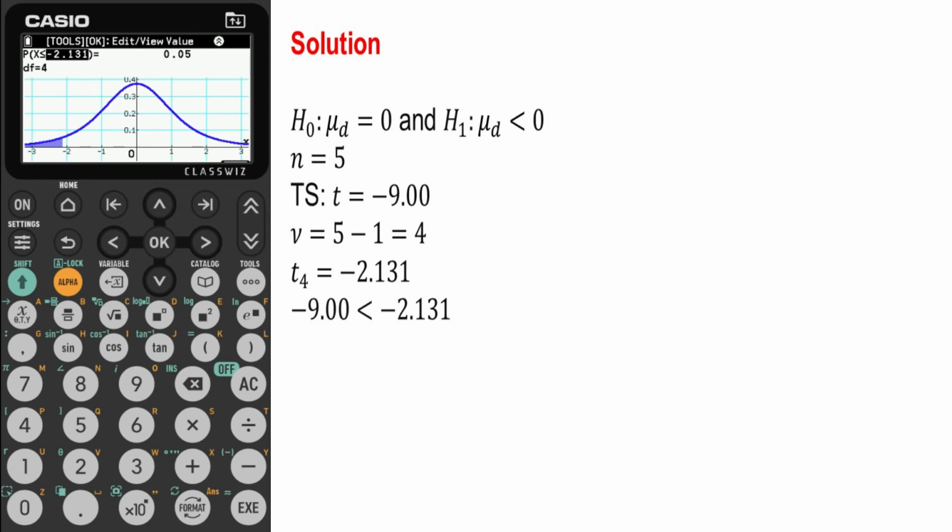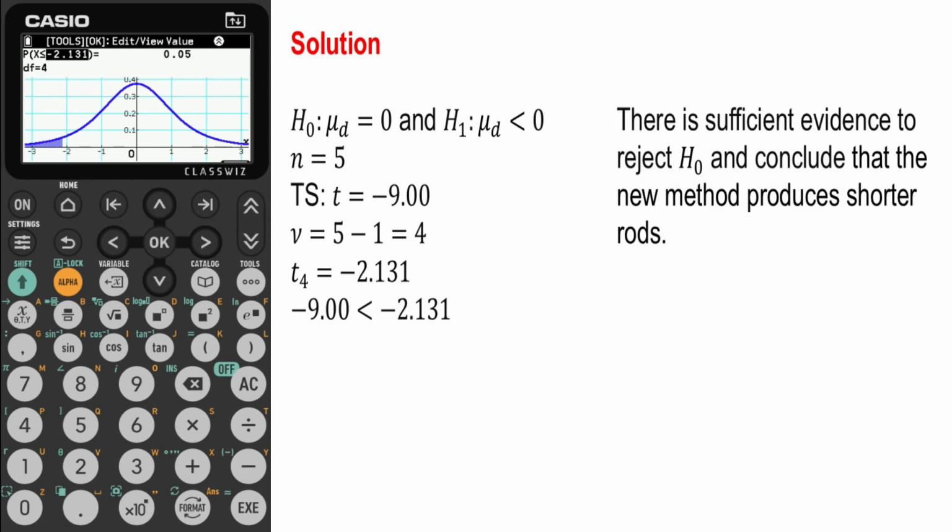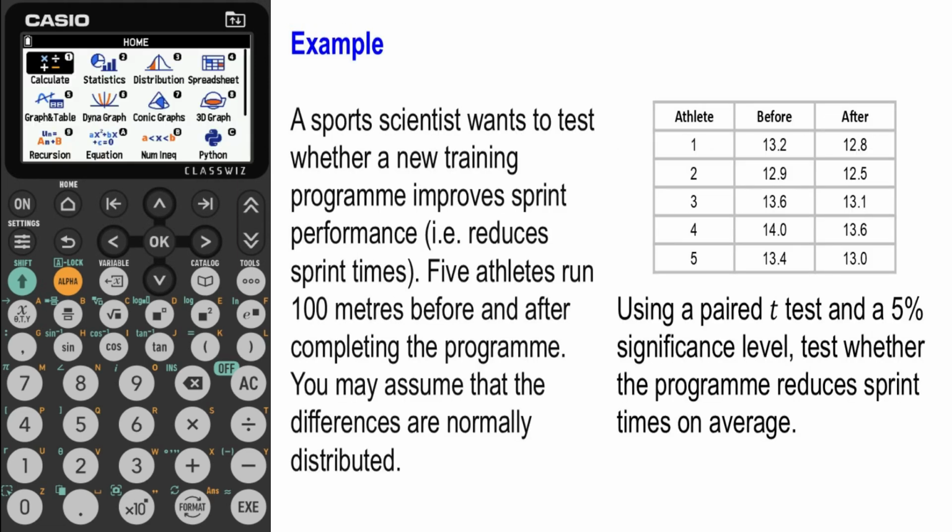If we now compare the -9 with the -2.131, we see -9 is less than -2.131. Therefore, there is sufficient evidence to reject H0 and conclude that the new method produces shorter rods.